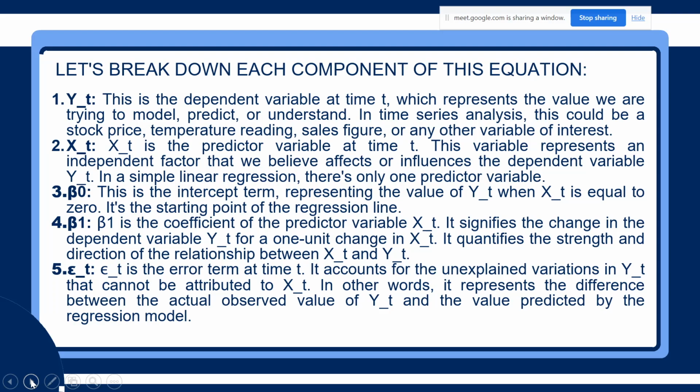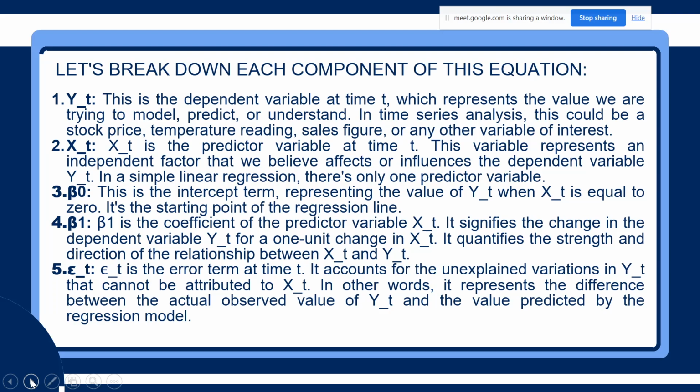So next is x underscore t, the predictor variable at time t. This variable represents an independent factor that we believe affects or influences the dependent variable y_t. In a simple linear regression, there is only one predictor.